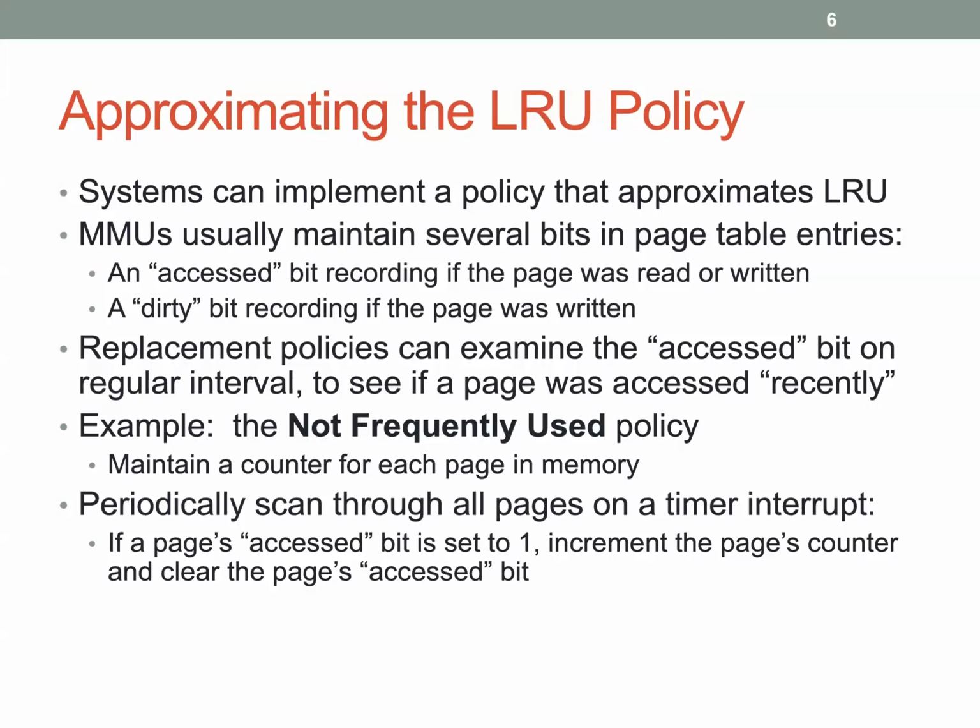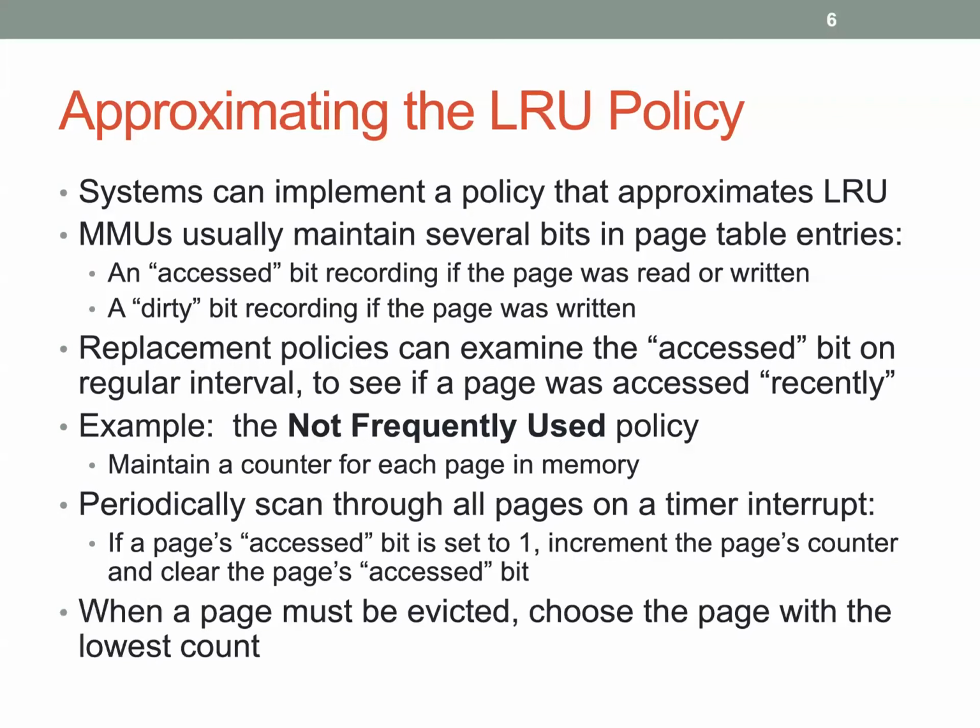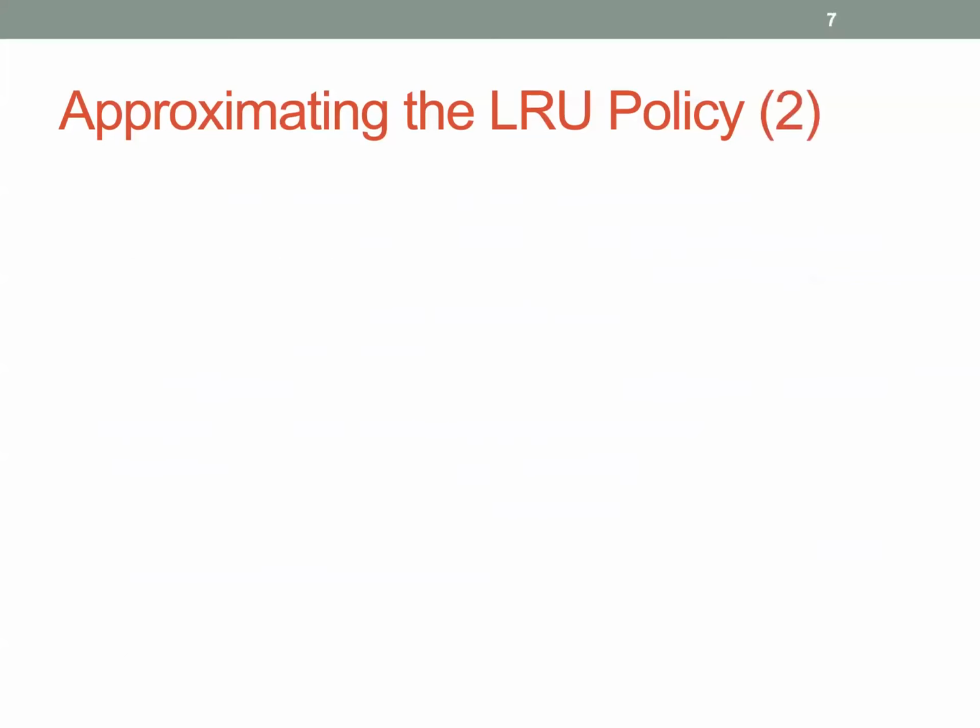Maybe it happens once a second, maybe once a quarter of a second. We scan through all the pages, and if the access bit is 1, we bump the counter. We then clear the access bit for next time, and then we go through. And so then we can make a decision. Whoever's counter is low is clearly not frequently used, and so we just go ahead and evict that page, and that's how we make a decision with not frequently used.